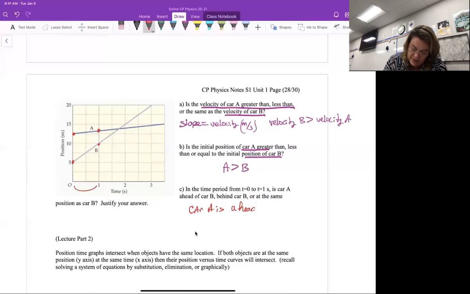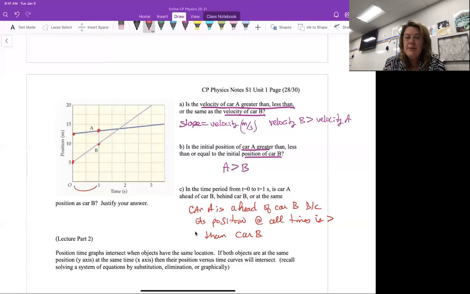It's catching up, but it's still ahead of car B because its position at all times is greater than car B, as seen by the graph.